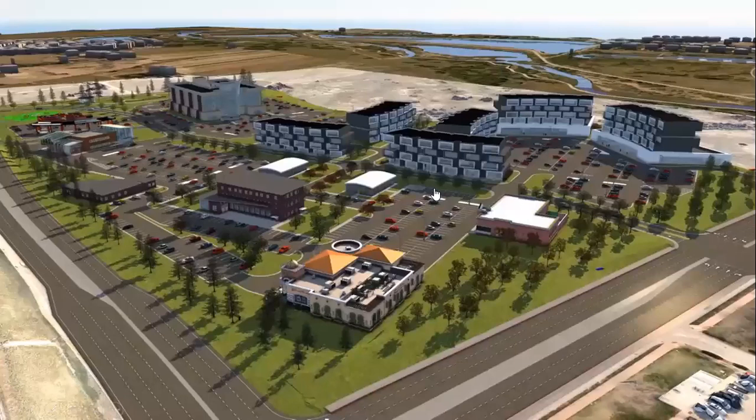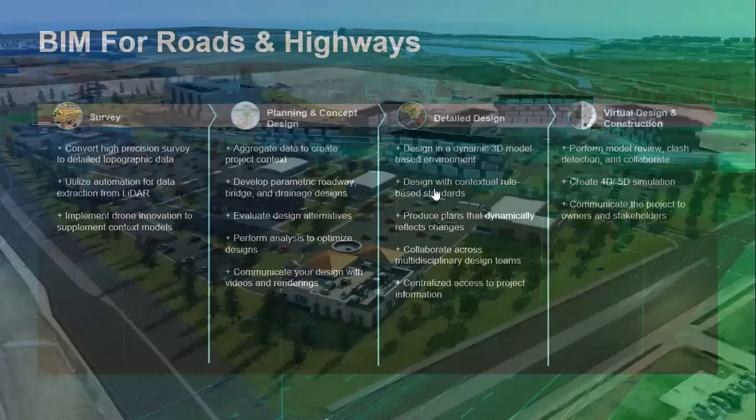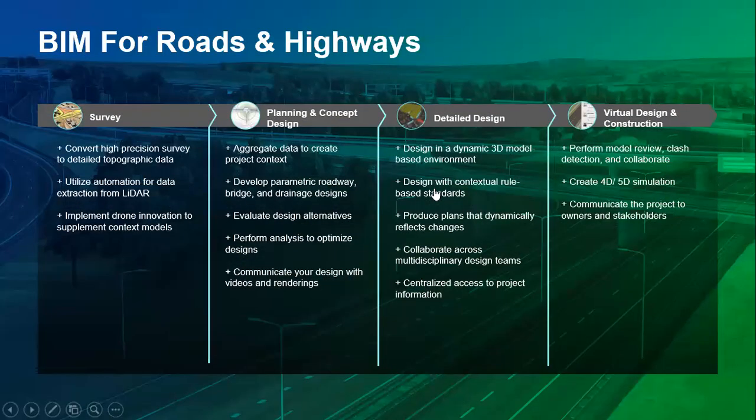So for today, we just looked at Infraworks 360. From this slide, you can see that's in the planning and concept design. So probably the next session, we will now look at BIM for roads and highways, and of course for bridges too.